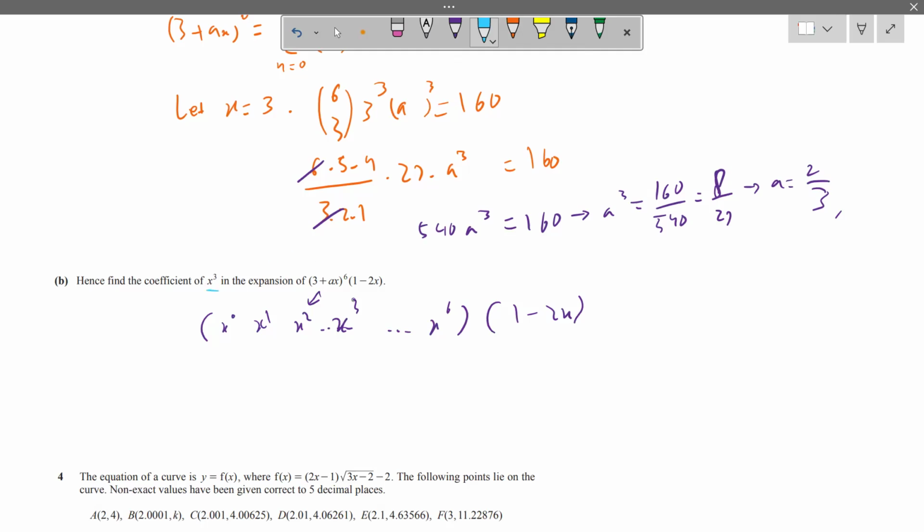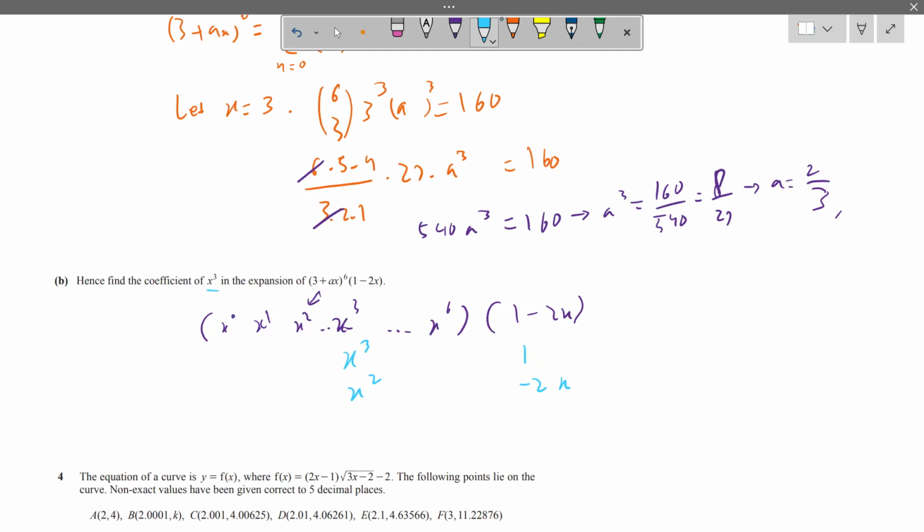X cubed can be obtained by multiplying the coefficient of x cubed here by the coefficient of x to the power of 0, which is 1 on the right. And also having the coefficient of x squared times the coefficient of x on the right polynomial.